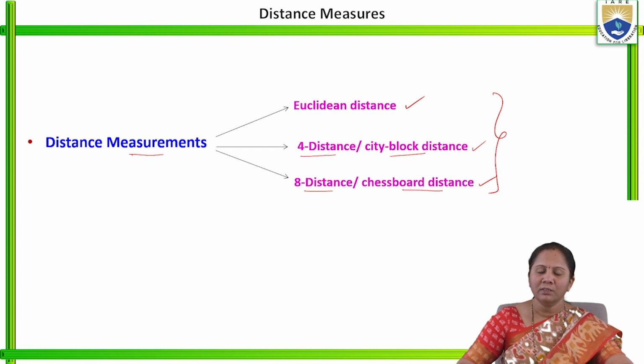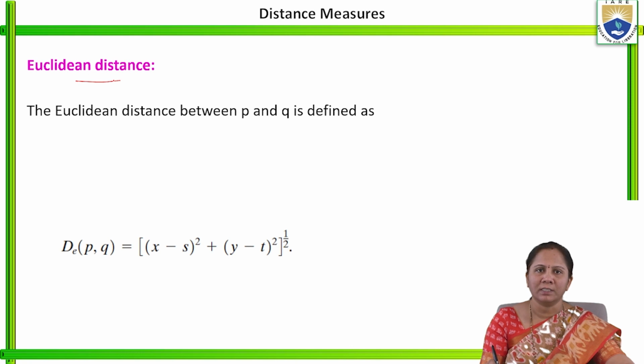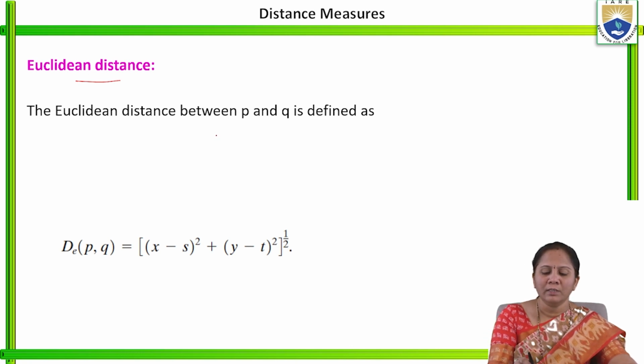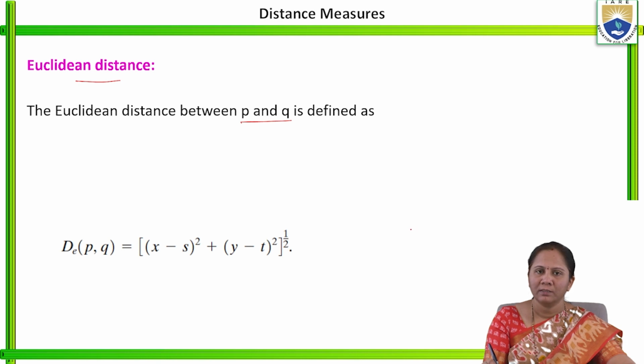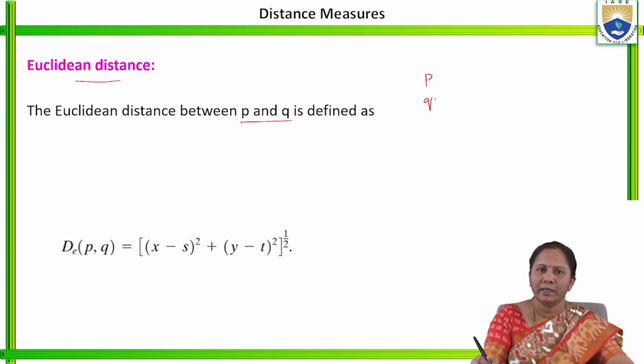Coming to the first method, Euclidean distance. Here P and Q are the two pixels, as we considered in the previous example, and the coordinates of P will be x and y and Q will be s and t.